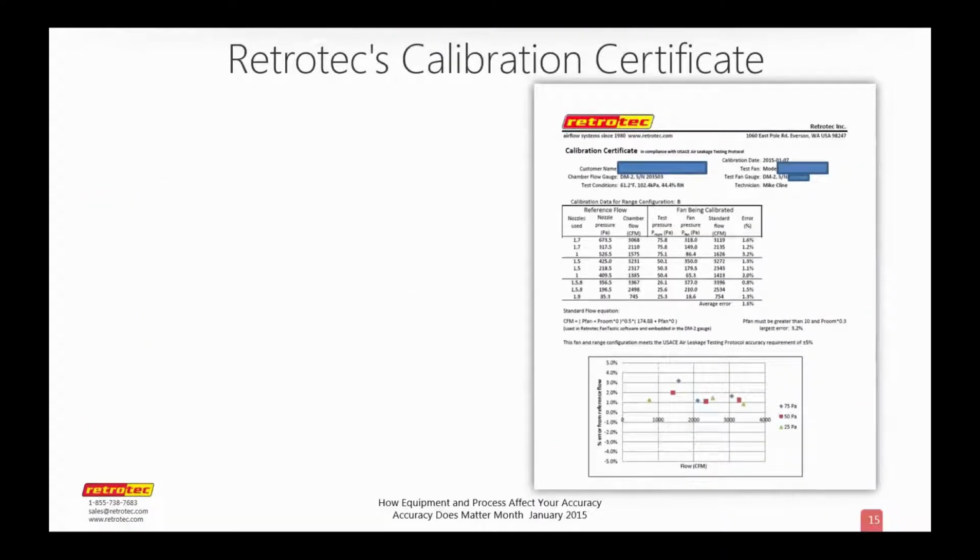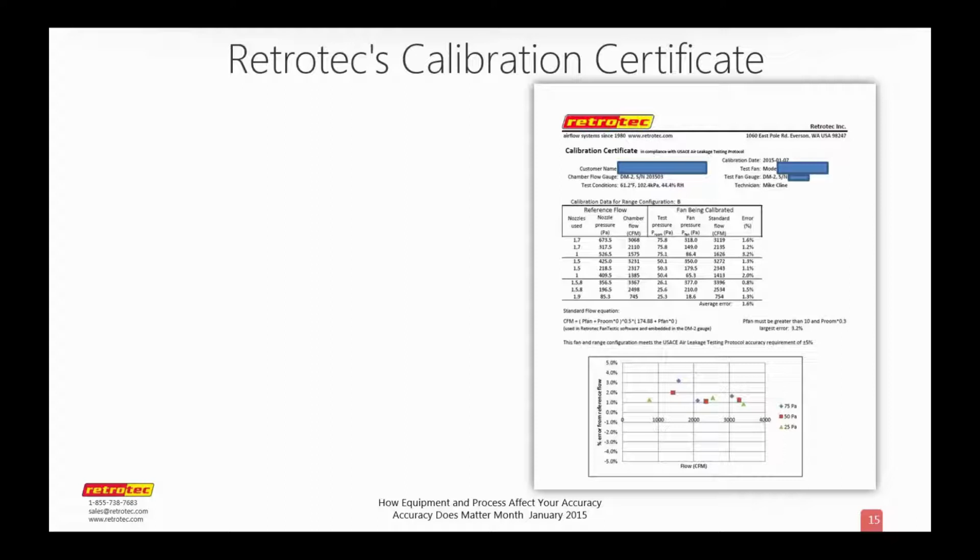Colin just talked a little bit about the temperatures, and you'll see that actually comes up on the certificate. Colin also mentioned earlier that in some areas of Europe and elsewhere, they ask for calibration certificates, and this is what one of our calibration certificates looks like.